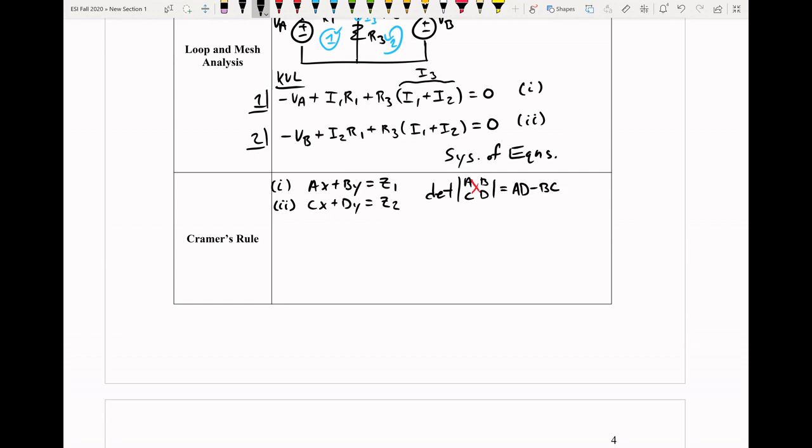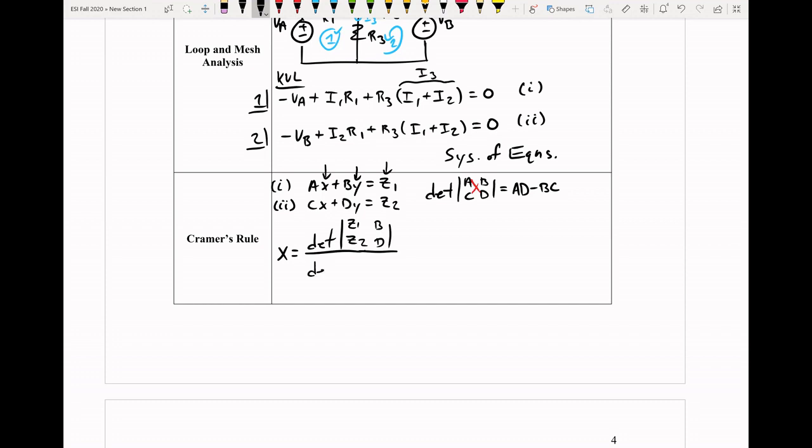So if we wanted to solve for the value x, we can come up here and say the determinant of, so this is the X column here. This is the Y column. We can see because they're stacked on top of each other, this is X and that's Y. So if we're solving for X, we'll replace the X column with our knowns column, Z1, Z2, and then we're going to leave the Y column alone.